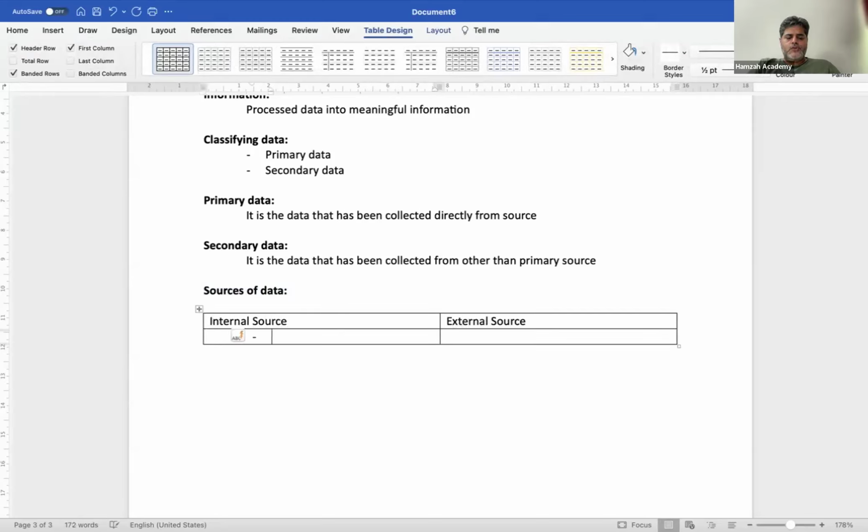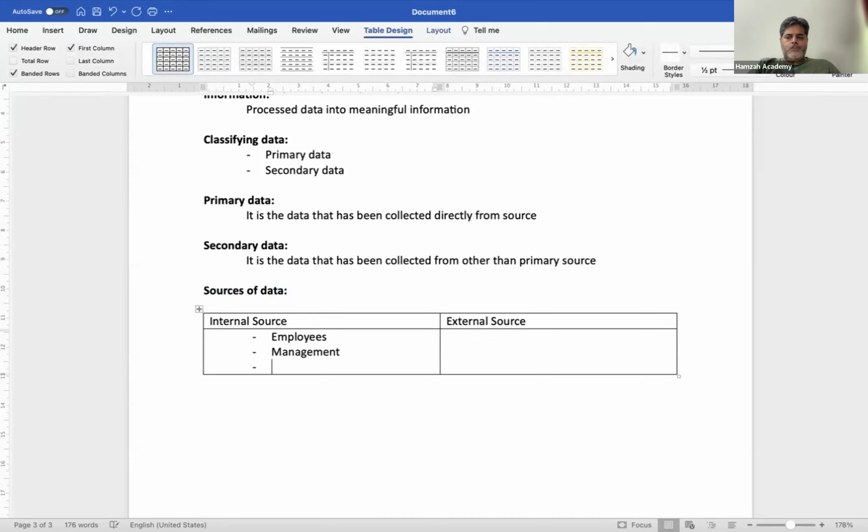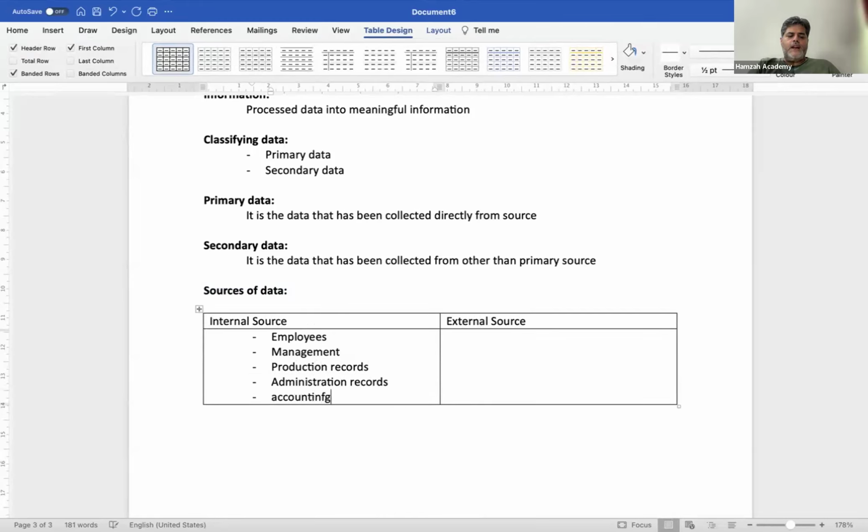As far as the internal source is concerned, we have employees, management, production records, administration records, and then the accounting records as well, right? So these are the internal sources of information, via which we get to know where everything is standing.